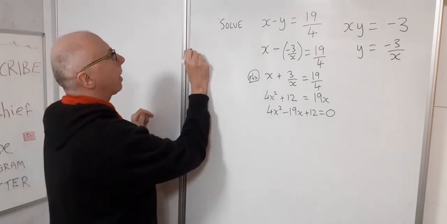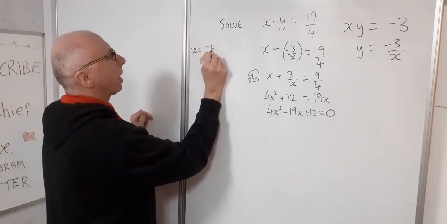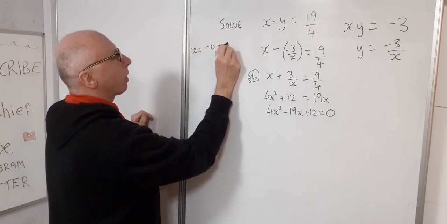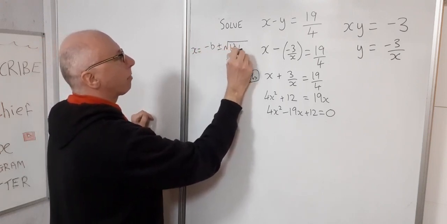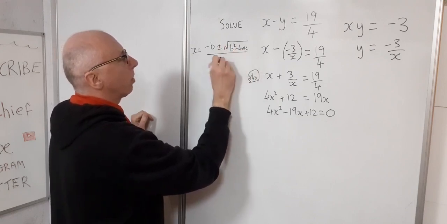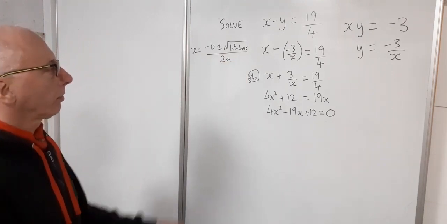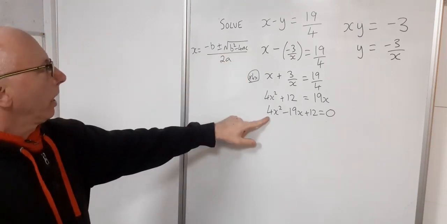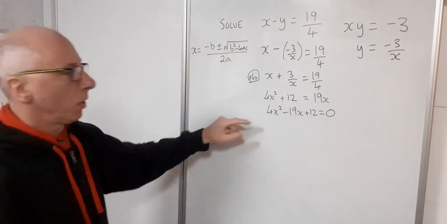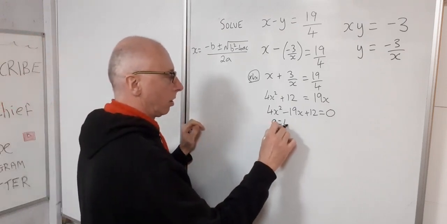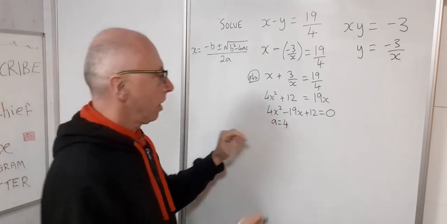So the quadratic formula is x equals minus b plus or minus square root b squared minus 4ac all over 2a. Okay. Now my values here, my a is going to be 4. My b is minus 19.